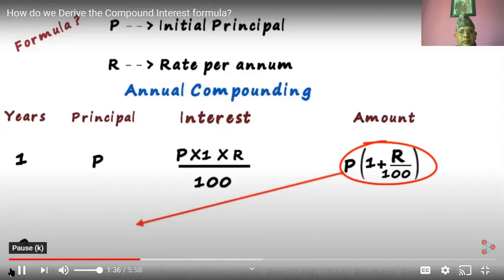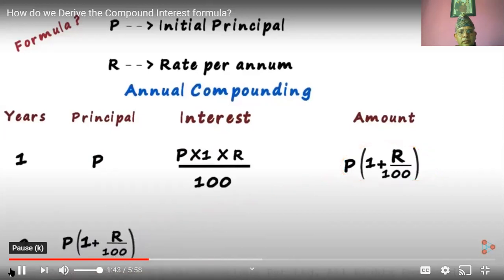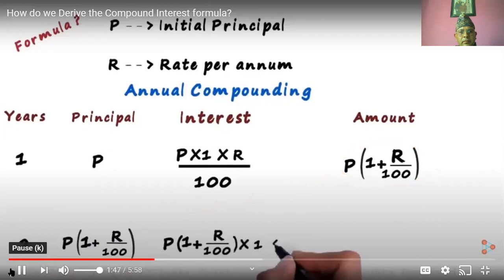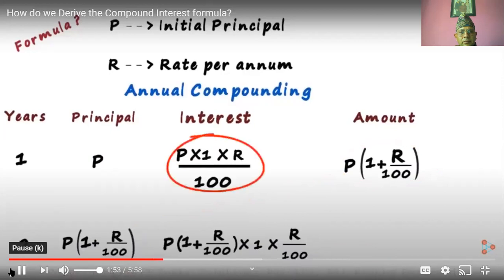In the second row, we write P multiplied by 1 plus R by 100 as the principal. So the interest for the second year will be this multiplied by 1 multiplied by R divided by 100. It is the same formula we used in the row above.